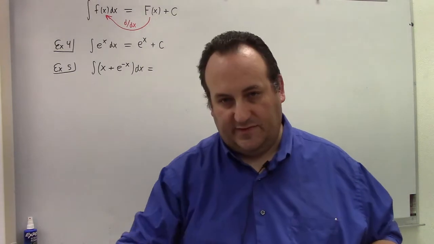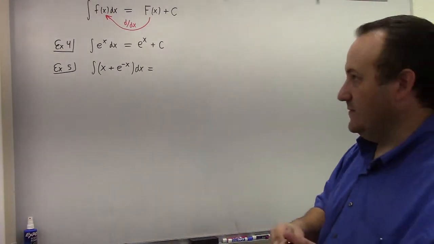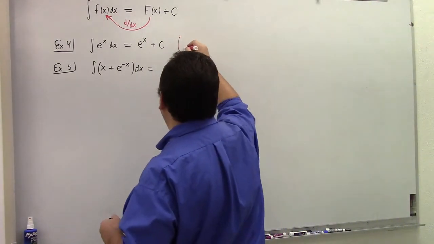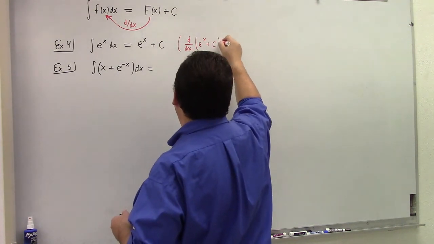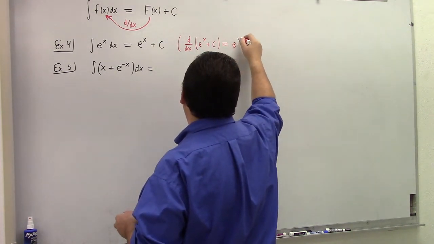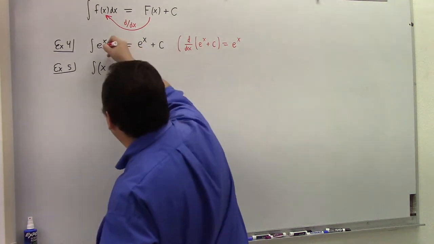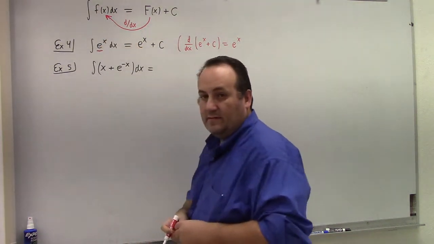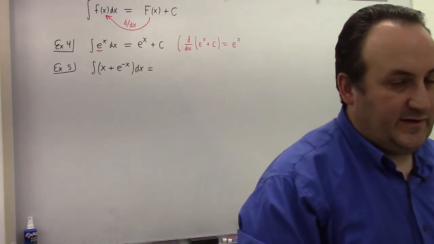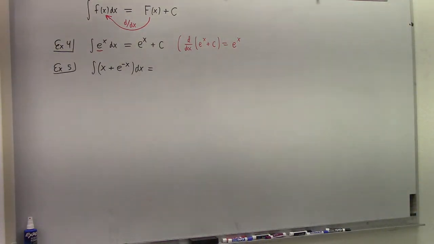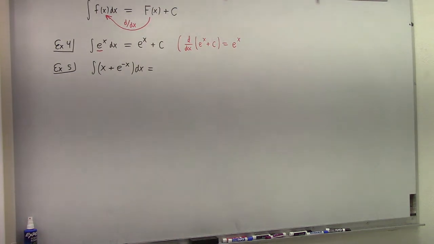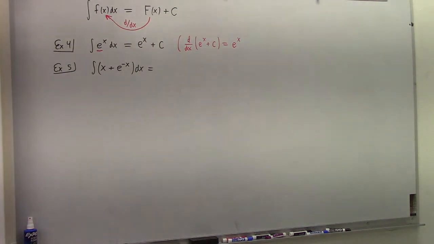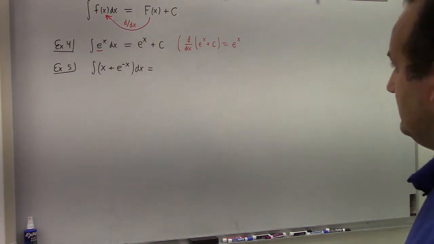Now, how do we check that it worked? The check is just this, d dx of e to the x plus a constant is e to the x, which is what we wanted to get. If we're successful in our integration, this thing we're doing is called integration, then when you differentiate your answer, you should get back to the integrand. We can always check our work.